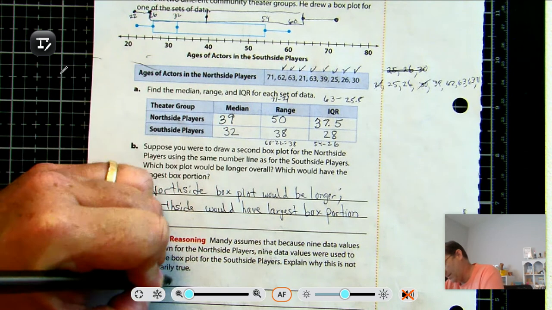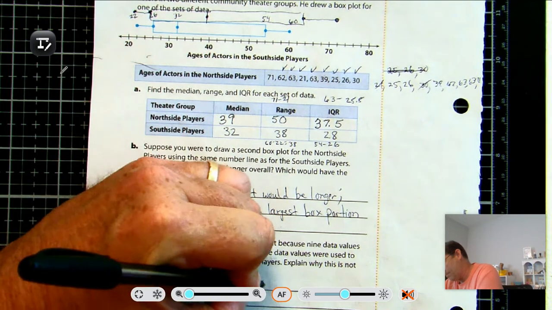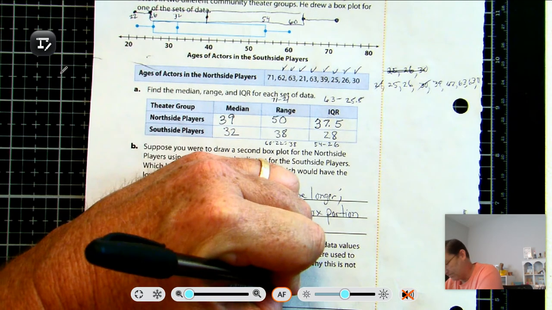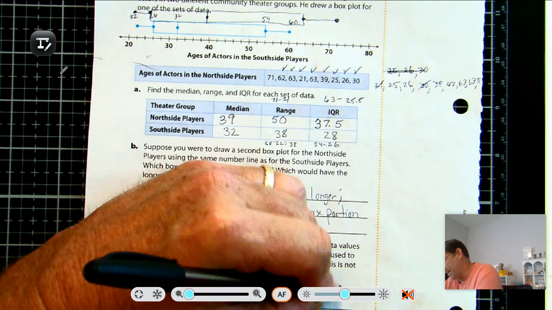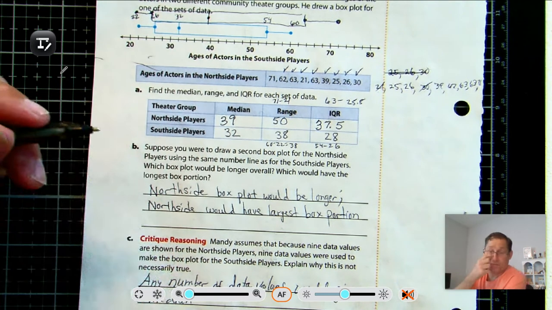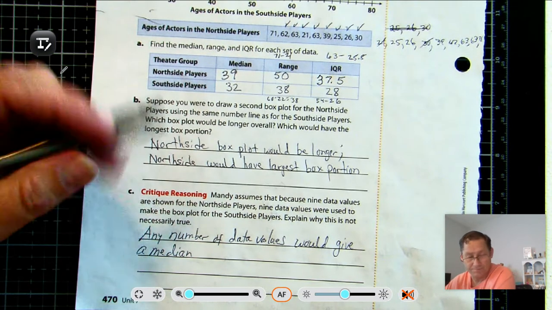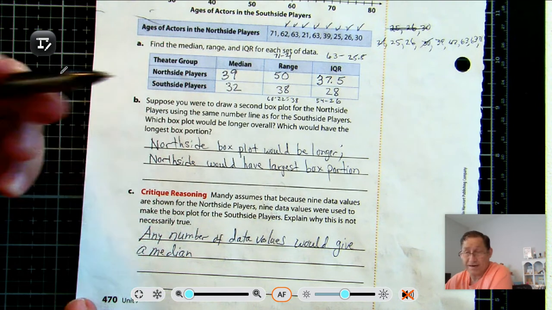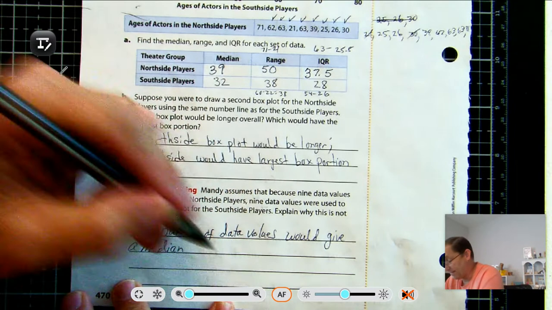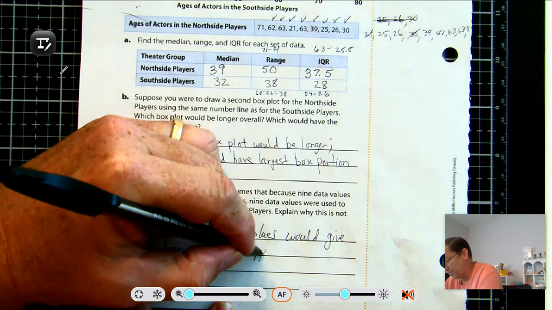So any number of data values would give a median. Okay, even 3 values, I could find a middle number. 2 numbers, well, there's really not a middle, because that would be half. But 3 I can find a median. Okay. So any number of data values would give a median, lower, and upper quartiles.